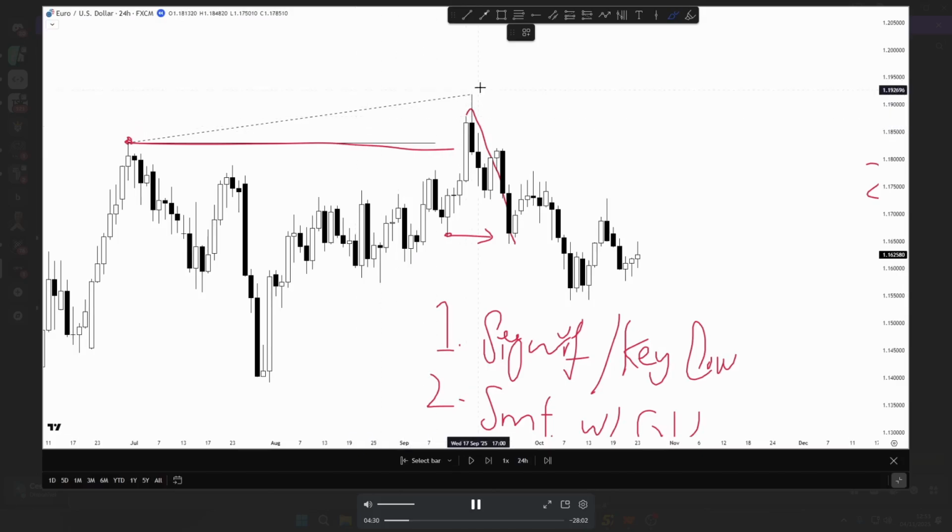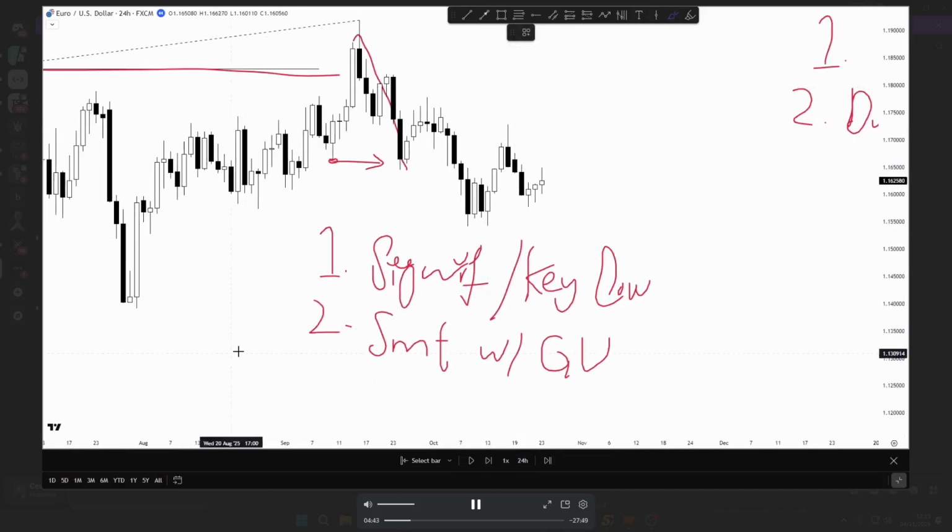Because of this divergence and because this low was a significant one, this structural shift was considered a valid one. Another major factor is that we tested a high time frame key level.